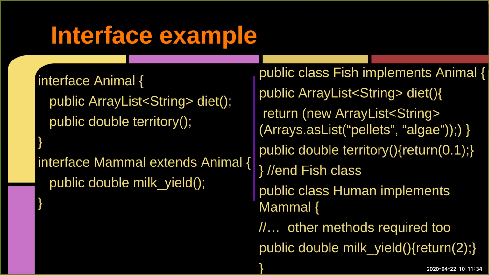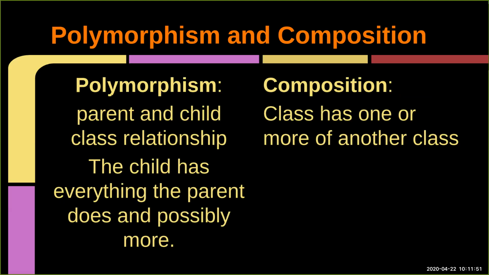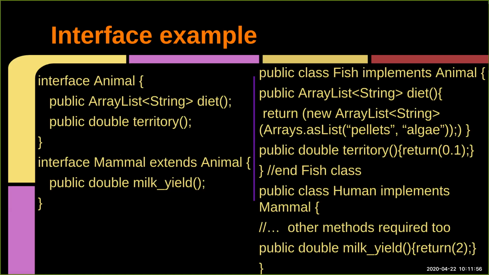This is that parent-child relationship, but in the sense of interfaces. So you can do the same thing with classes. You can extend a class with another one, and that's the example of the polymorphism of this parent-child relationship. And so you can do the same thing with an interface.